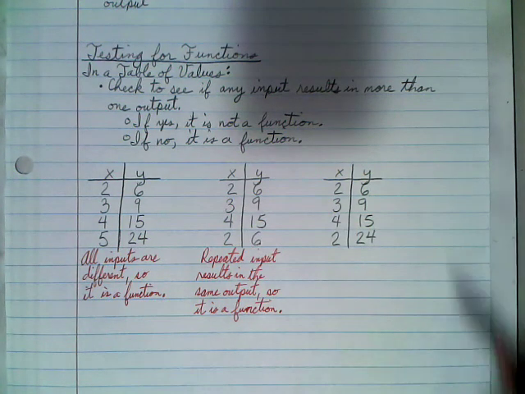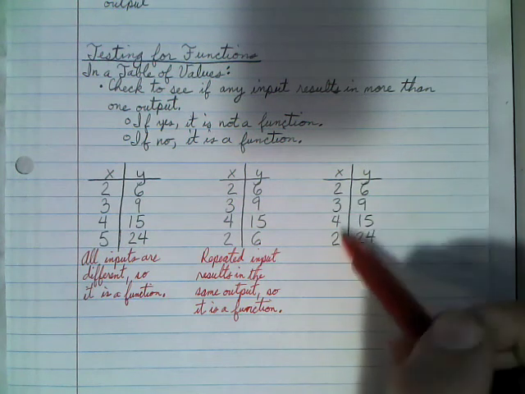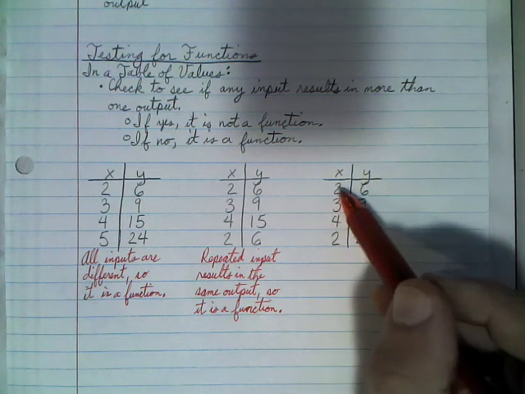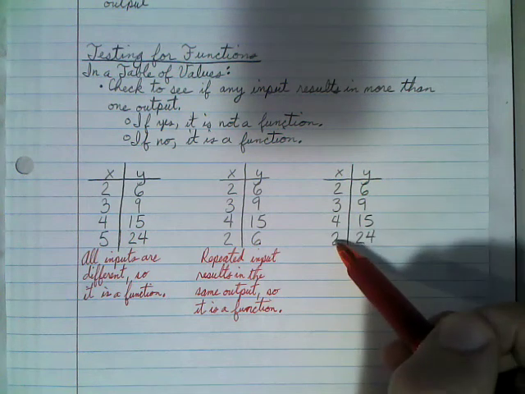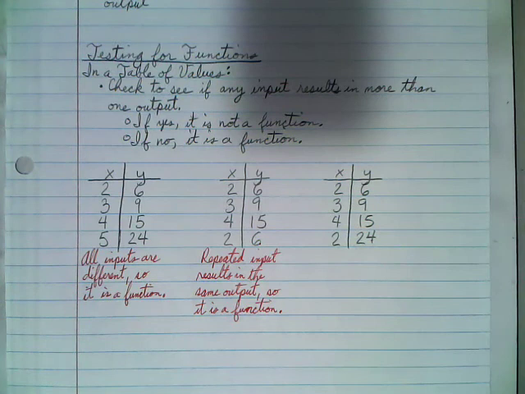If we look at the last example, again, 2 is a repeated input. I have the input 2 in both places. Here when I put in 2, I get out 6, but here when I put in 2, I get out 24. Going back to your name and birthday example, if I put your name in and find out that you were born on January 1st, and I put your name in again and it says July 14th, then I don't know which one's accurate.